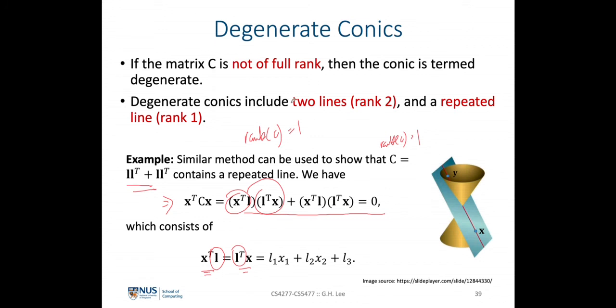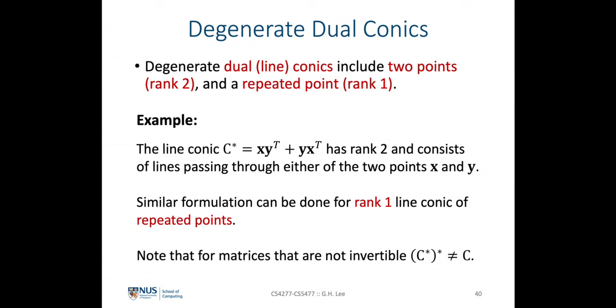So there also exist degenerate dual conics, or dual line conics, that include 2 points of rank 2 and a repeated point of rank 1, as we have seen in the geometric illustrations of the degenerate conics earlier. An example would be the line conic C star equals x y transpose plus y x transpose.